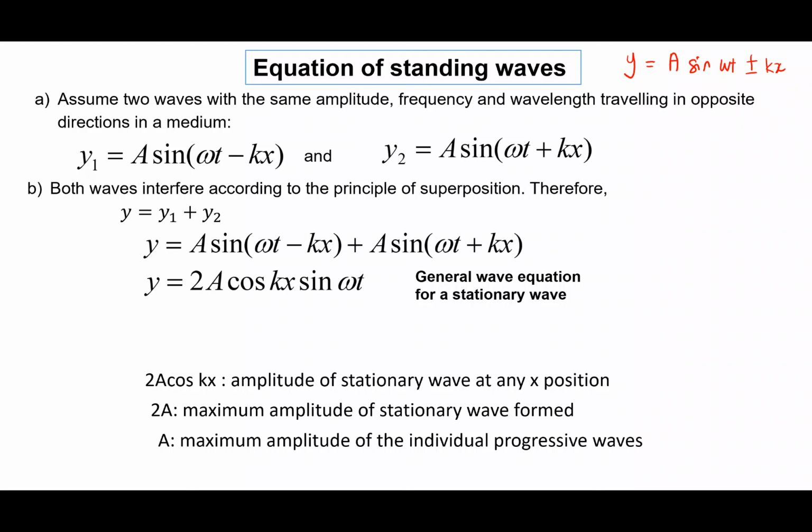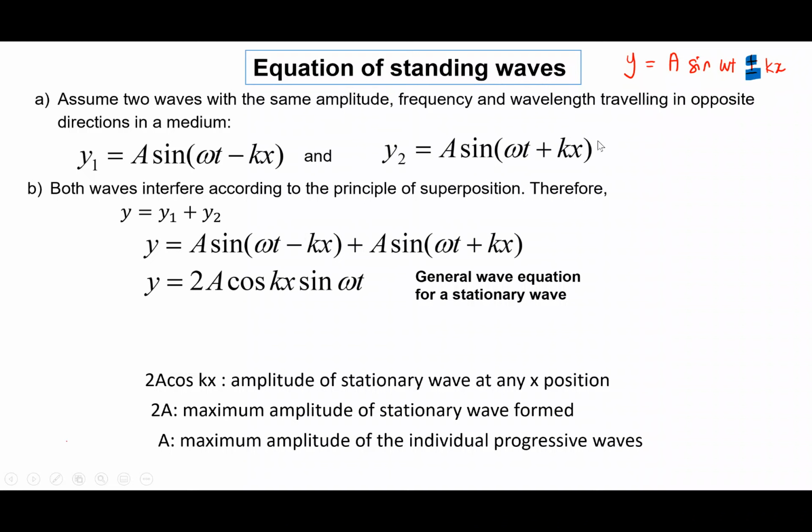Dan plus minus dekat sini refer kepada directions of travelling, either to the right or to the left. So positive refer directions to the left and negative refer the direction of the wave to the right.